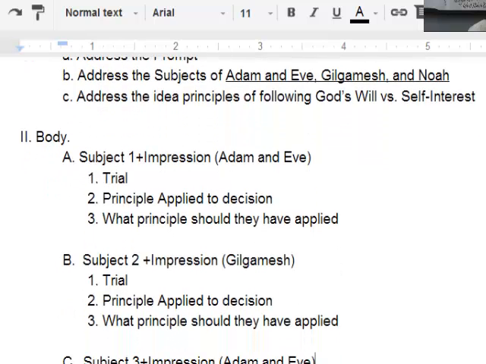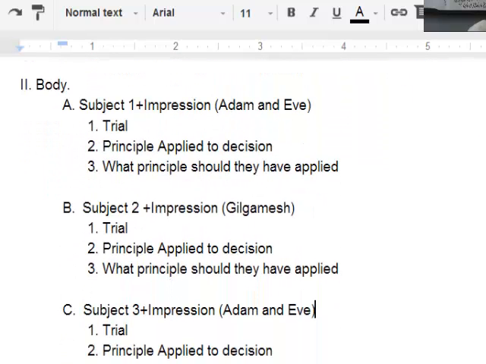Next, break it down subject by subject. Subject 1 plus the impression you want people to have on Adam and Eve. That would serve as your topic sentence. And then tell me about the trial that they faced, the principle applied, and what principle should they have applied. Then move on to the next one.